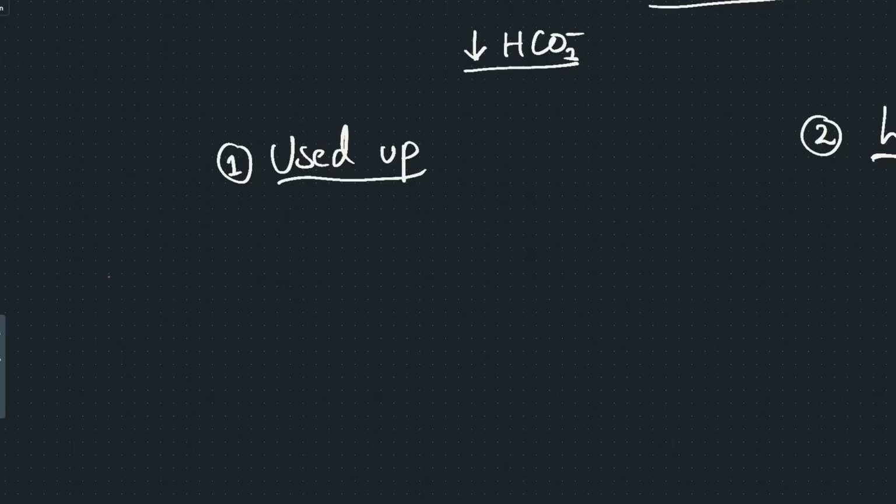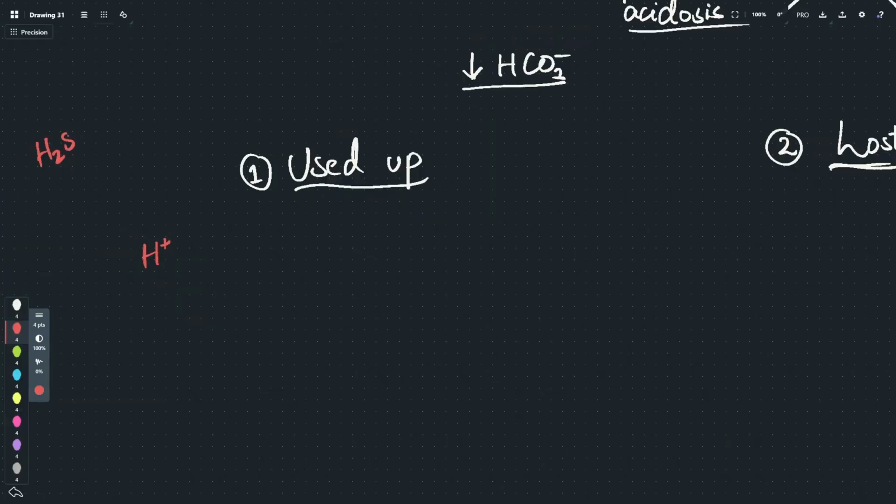Very logical, isn't it? Very simple. If any acid comes into our blood, it will release H positive. Let's say it was H2SO4. H2SO4 will release H positive and another conjugate base, HSO4 negative, another anion.